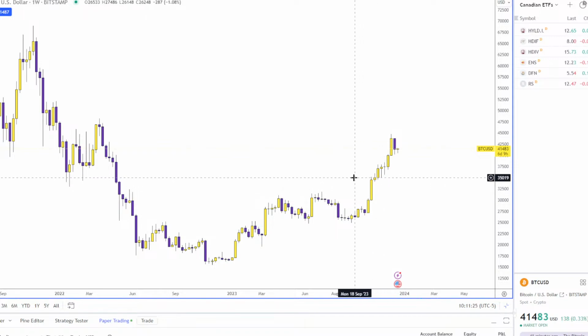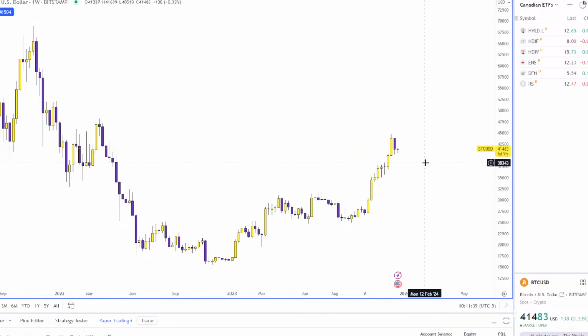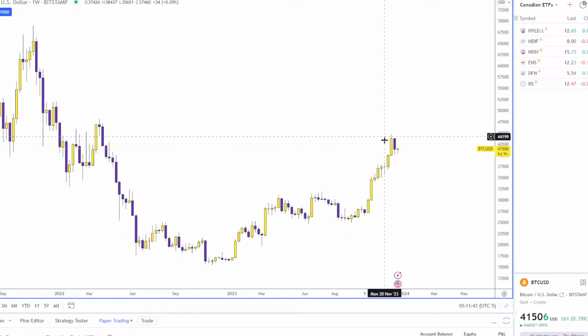So while everybody's calling for $1 million on Bitcoin, well, this is Bitstamp. That's not Bitcoin. Sorry. If I was trading Bitstamp, everybody, I'd be looking for 50% of that range. It's just created right here.